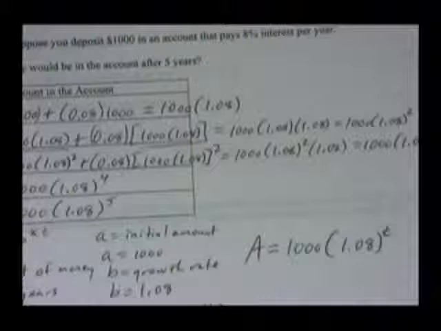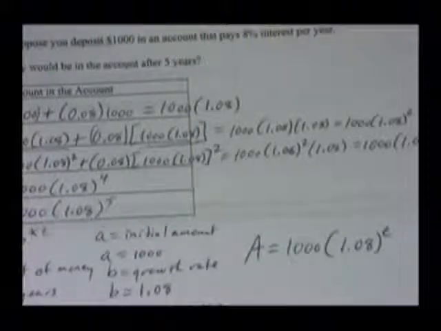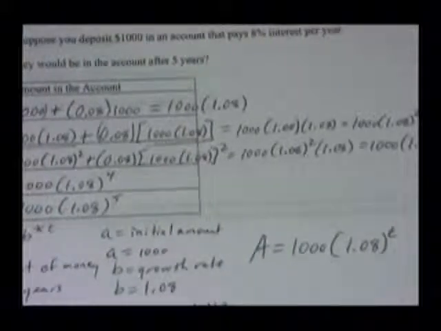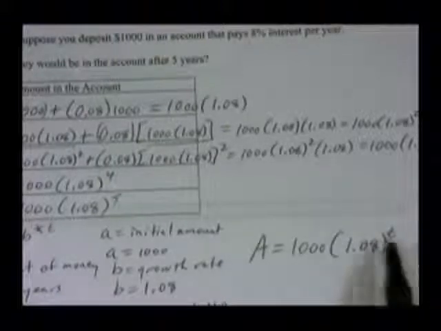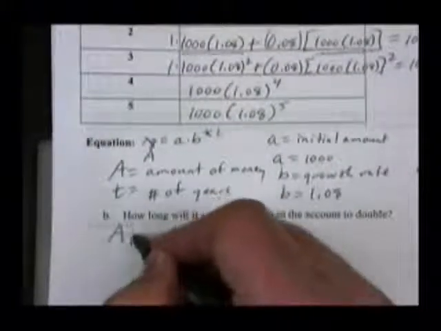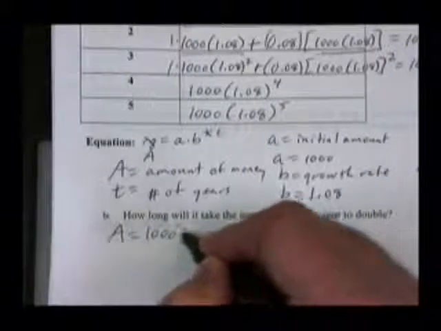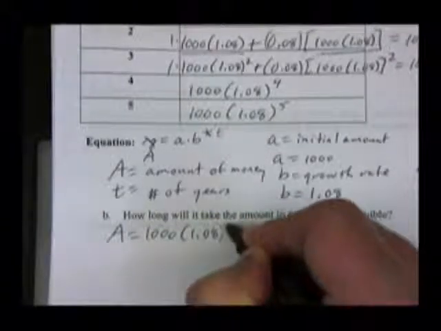Now what we want to do is figure out how to solve that for something. Let's say I want to know how long it's going to take to double what's in there. All right, so here's my question. I'm going to use my equation A equals 1,000 times 1.08 to the t.